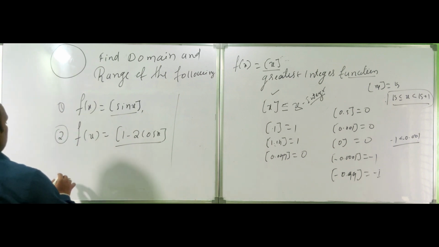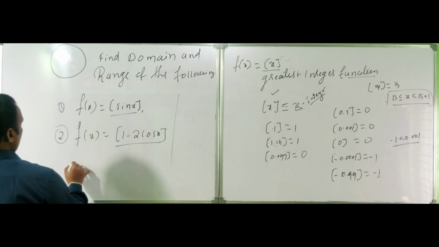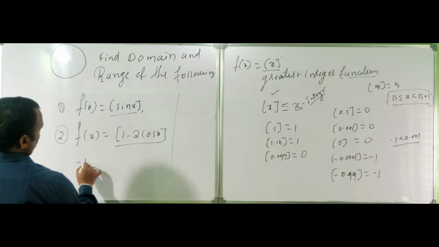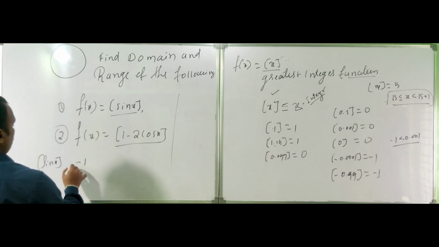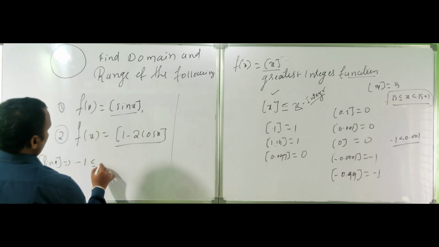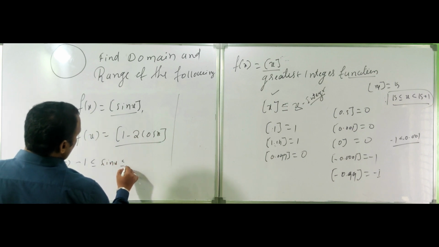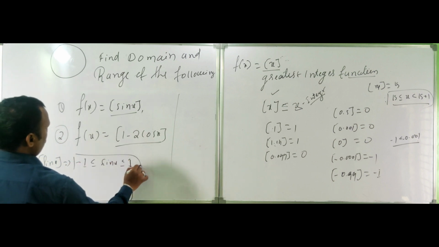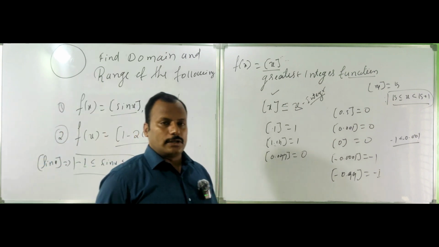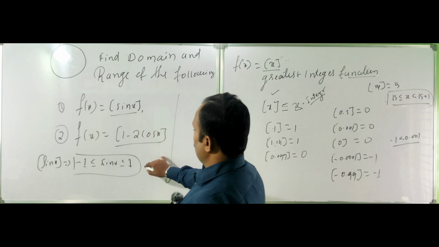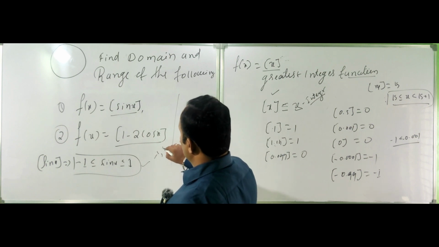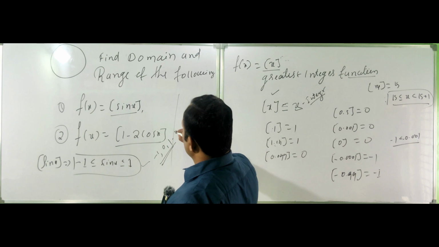The range of sin x is from minus 1 to plus 1. That is, minus 1 is less than or equal to sin x, and sin x is less than or equal to plus 1. Between minus 1 and 1 there are only 3 integers: minus 1, 0 and 1.